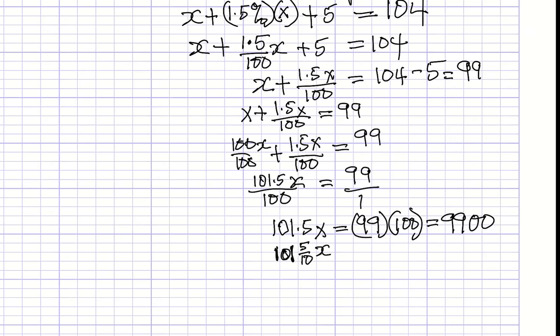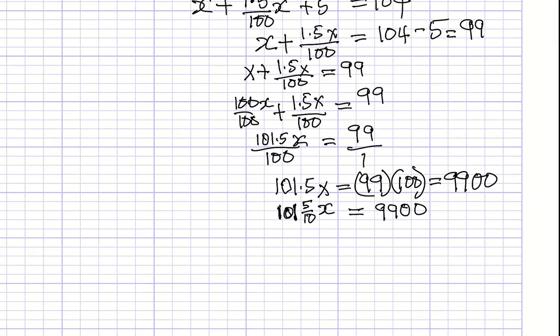And that times x equals 9900. You see that, right? That's what that is saying there. And then what you can do, 10 multiply 101, you get 1010.